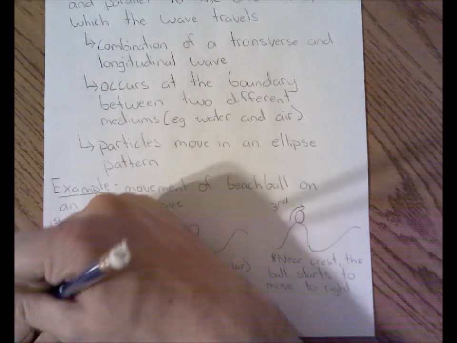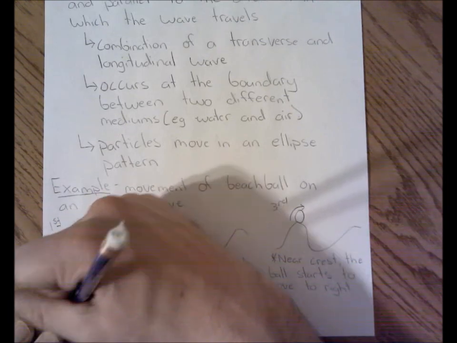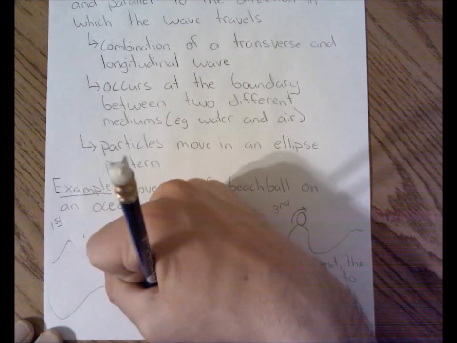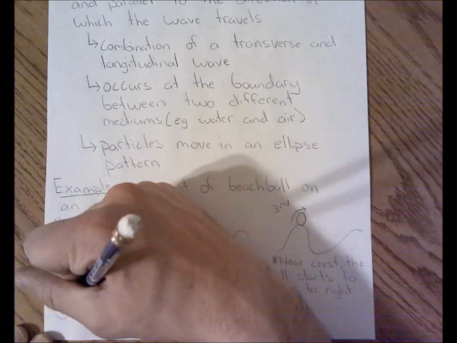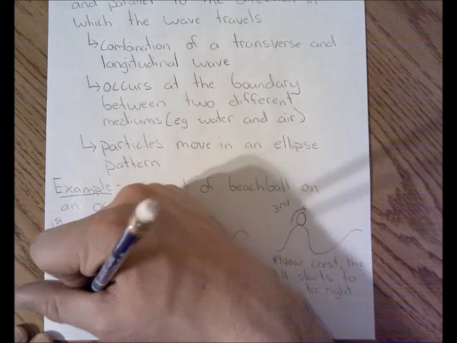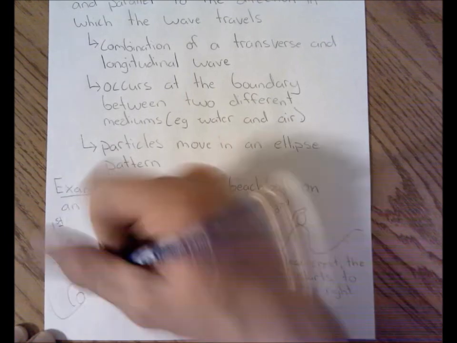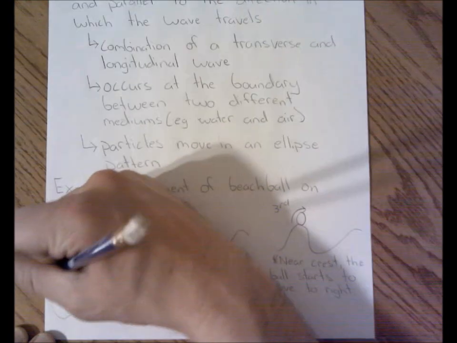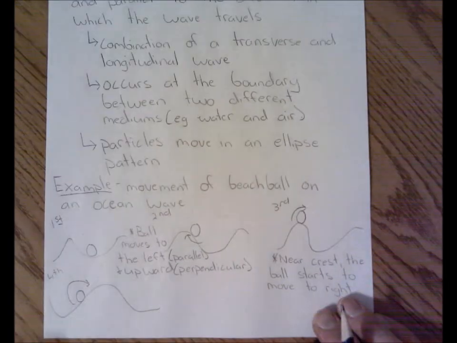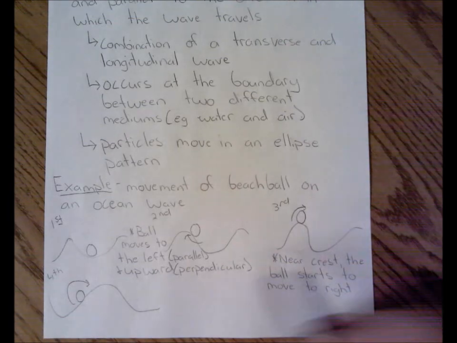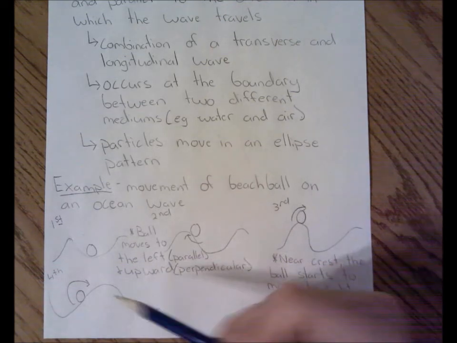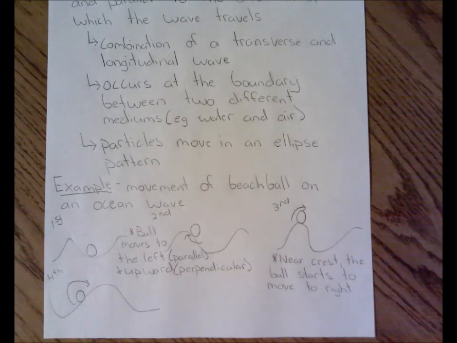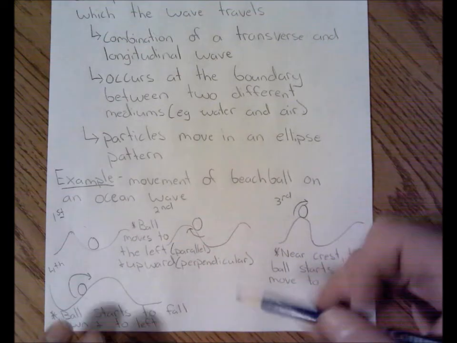The ball is going to start to fall down, and it's going to continue to move in a similar motion to that arrow that I drew. So again, once the crest passes, the ball starts to fall back downward and to the left. This makes a little bit more sense when I draw this fifth and final picture, which is actually the same as what we started with.